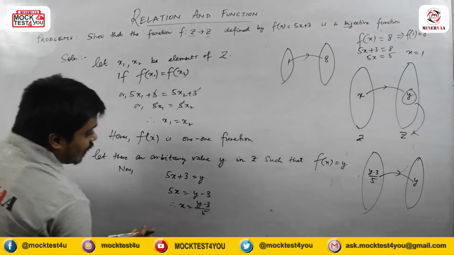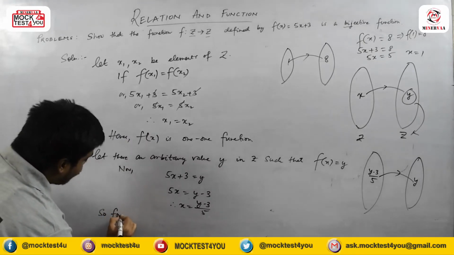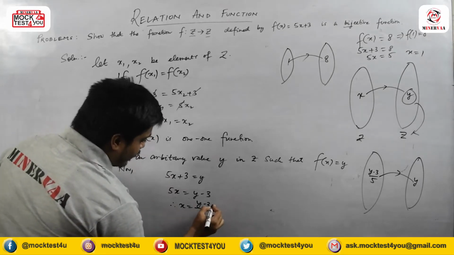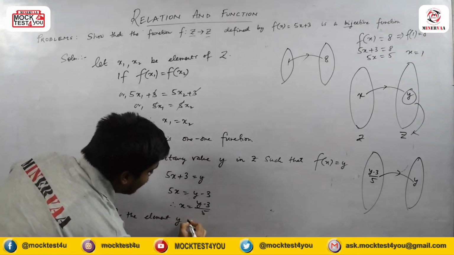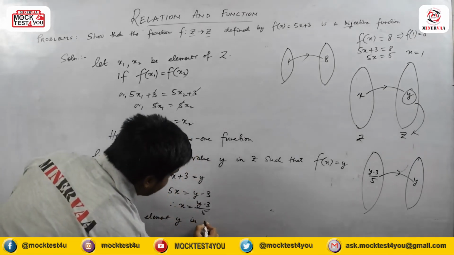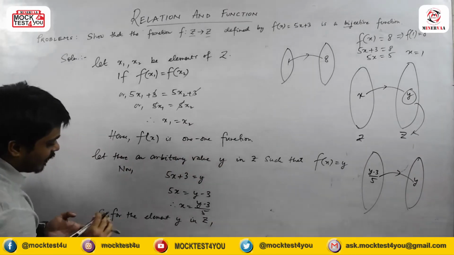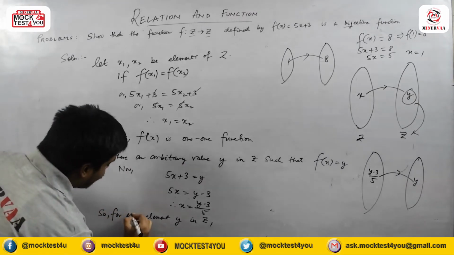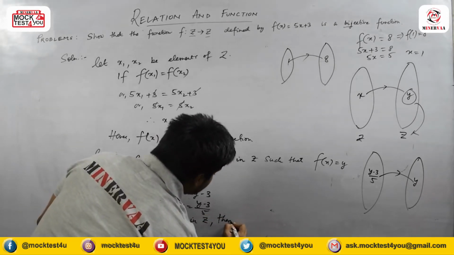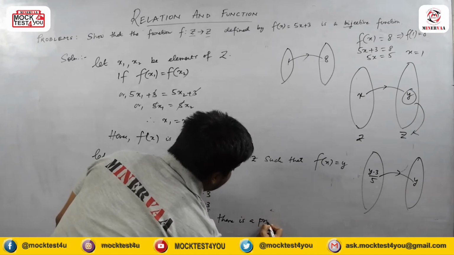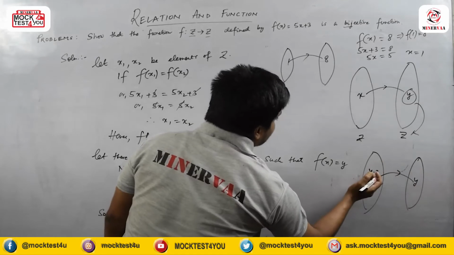So write down in here. So for every element y in Z, there is a pre-image. We have to signify for every element. For every element y in Z, there is a pre-image. The pre-image of y is (y - 3)/5.